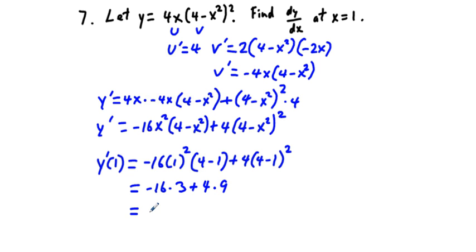So we're going to have negative 48 plus 4 times 9, which is 36. So our answer is going to be negative 12.